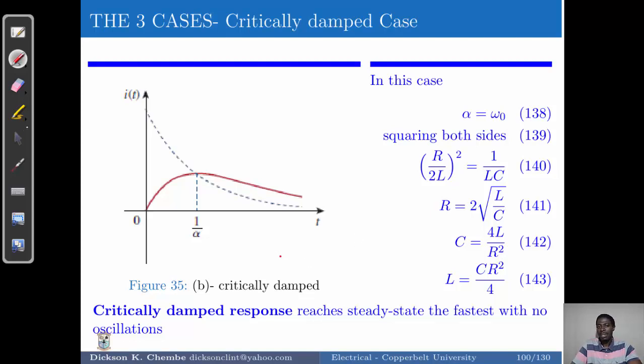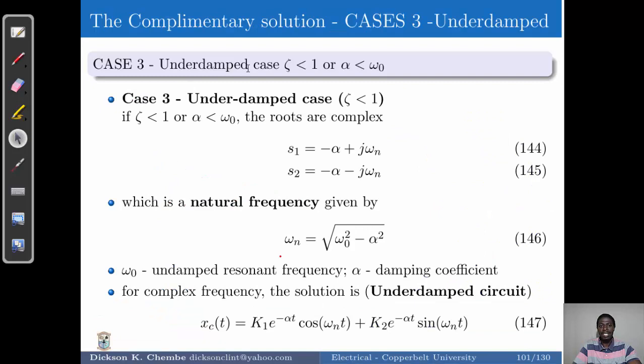But the last scenario that you obtain, we call the underdamped scenario. This is case number 3, when zeta is less than 1, or when alpha is less than omega naught.